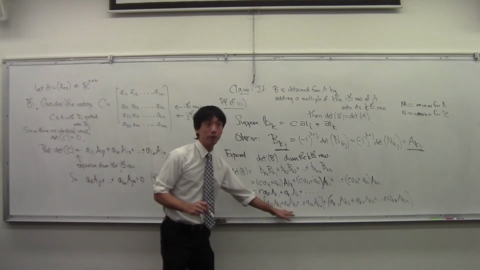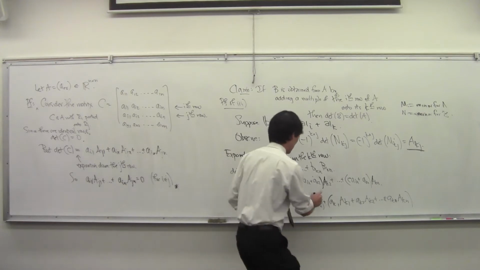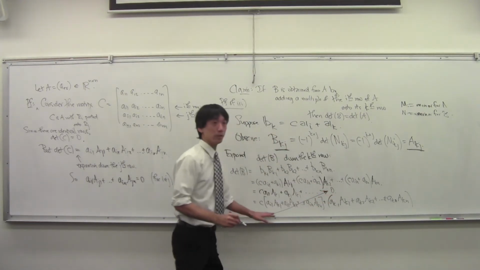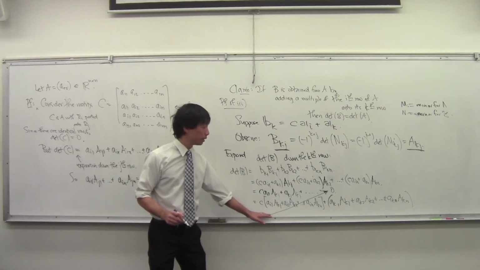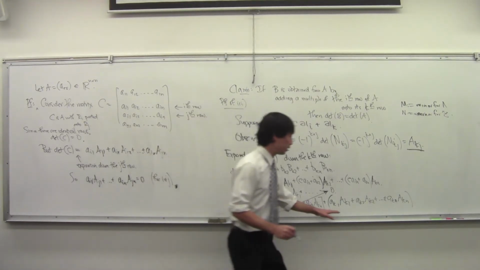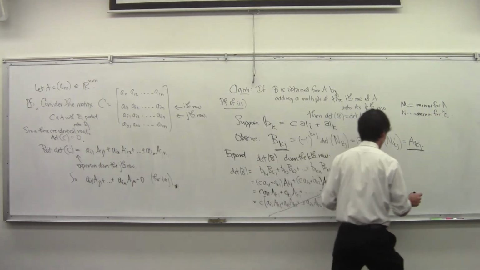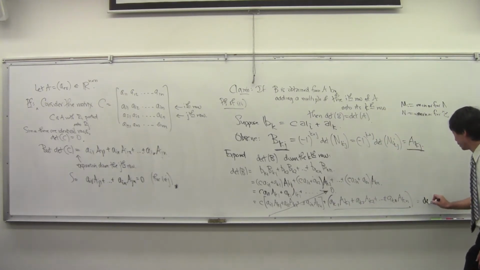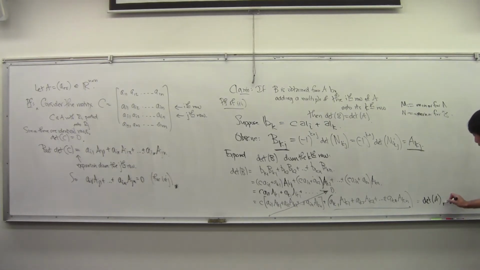But by the wrong cofactor lemma, this first thing is 0. And this thing, again by the wrong cofactor lemma when you're using the right cofactors, is the determinant. That's the end of the proof of the theorem.